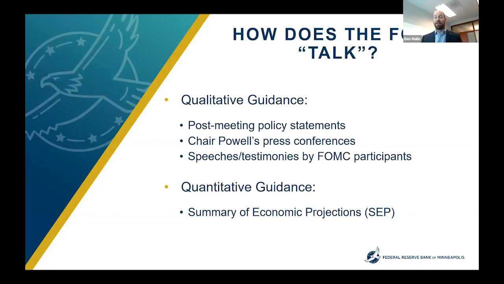Chair Powell, at the end of the meeting as well, 30 minutes after the policy statement comes out, holds a press conference. He takes questions from reporters and explains some more of the thinking of policymakers behind the decision they made.